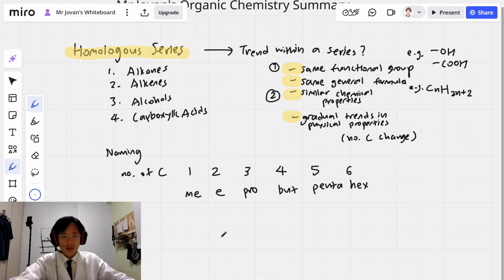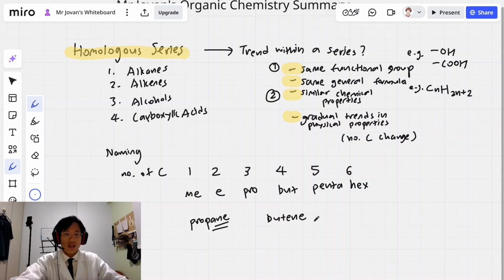Alright, so I'm going to give you some examples of how we can use this name with what we already know. Let's start with an alkane. If it's an alkane and it has 3 carbon atoms, we call it propane. For alkanes we can see there's an -ane. If it's an alkene and it has 4 carbon atoms, we call it butene.